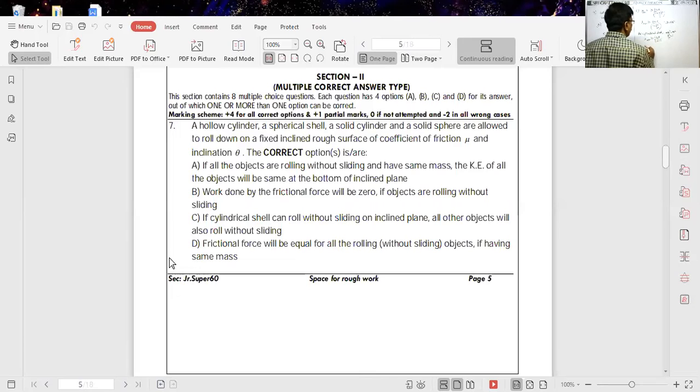Therefore, mu minimum is greater than or equal to tan theta by 2. Suppose you take the hollow sphere, etc., for them the r square by k square value is different.